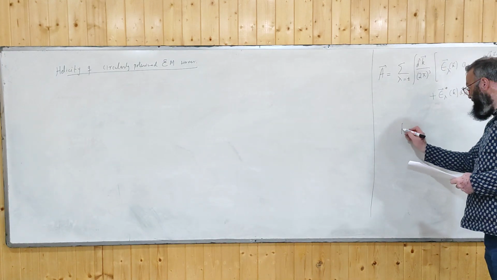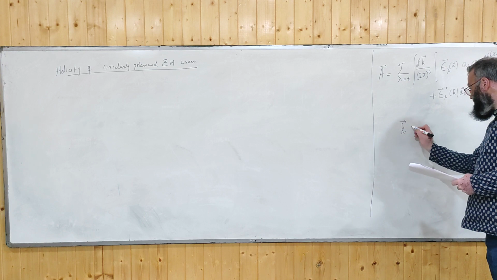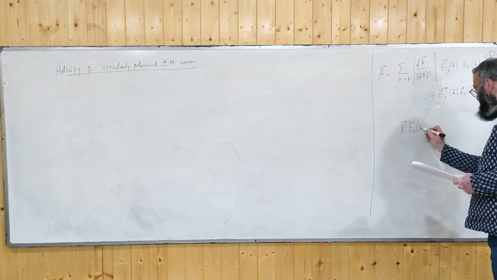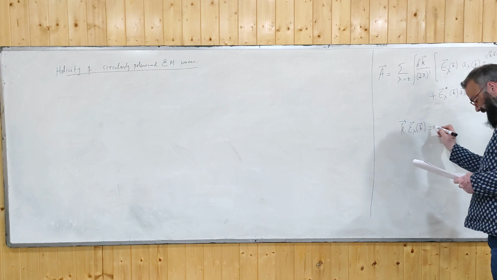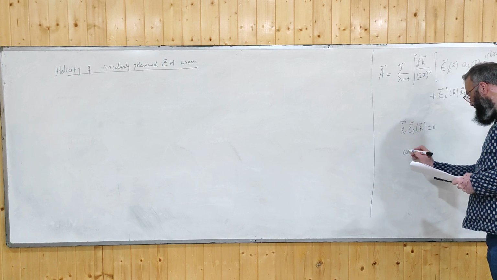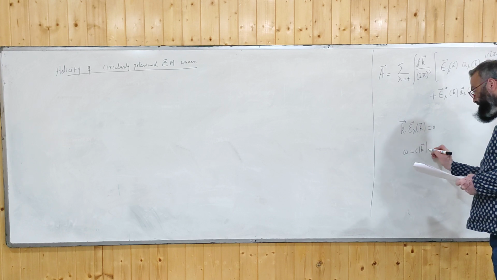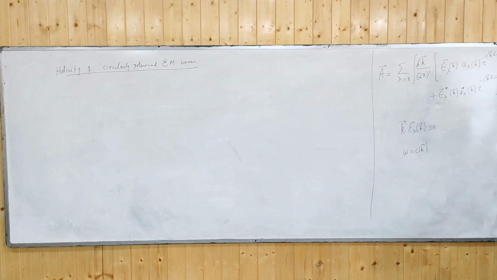So we have this condition k dot epsilon lambda equal to 0, and omega equal to |k|. So omega and k are related; they are not independent of each other. This is what we have done in the last lecture. Clear?